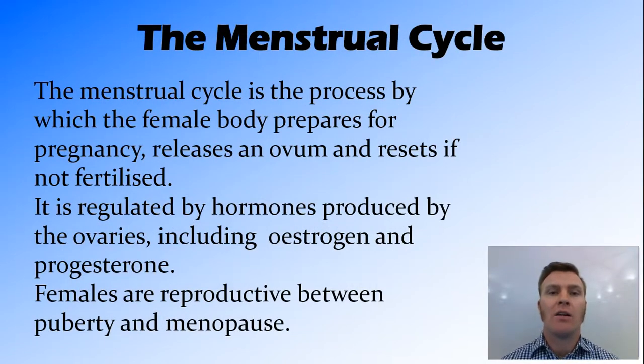The menstrual cycle is a process that happens in the female body in those females who are of childbearing age. So this lasts from puberty through to menopause.